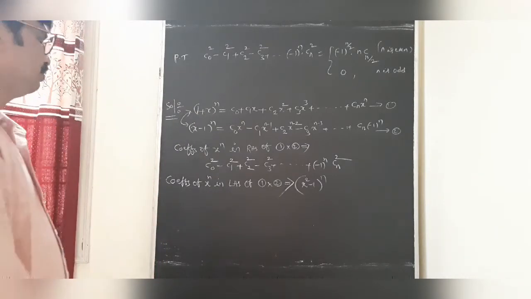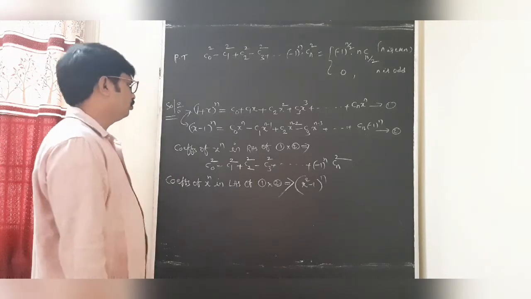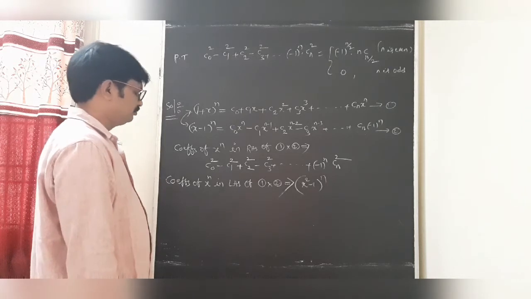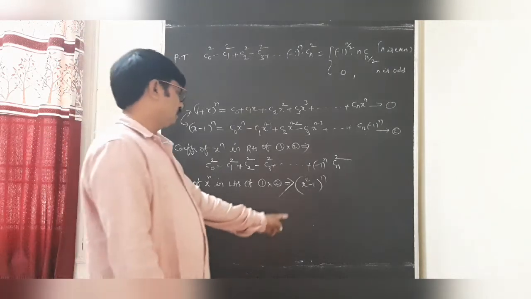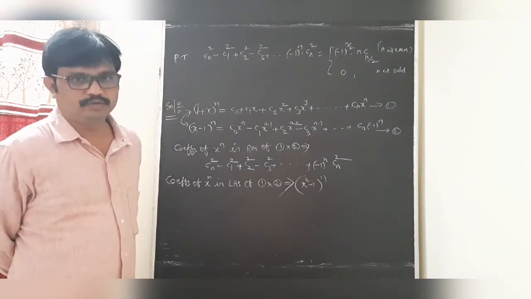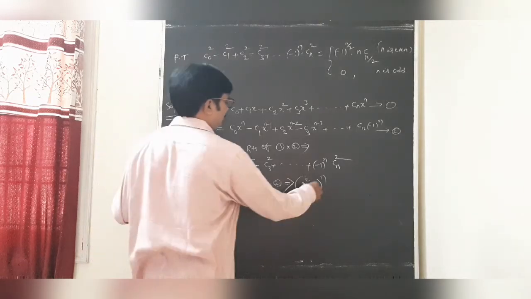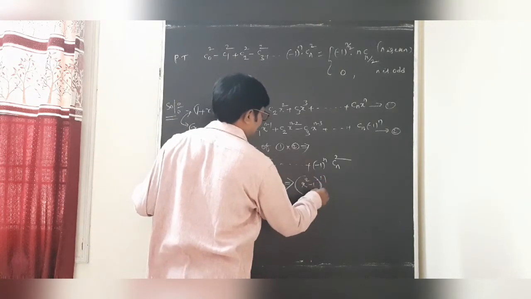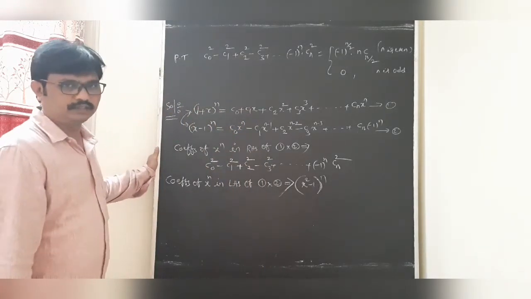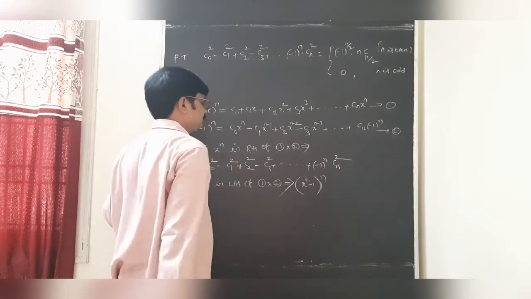Okay students, my dear students, we observe clearly what is there. We are taking the x power n coefficient. That means how to find the x power n coefficient here. When we are taking, undoubtedly students, always we got here 2 is there.